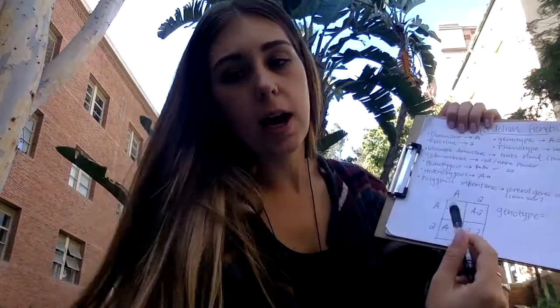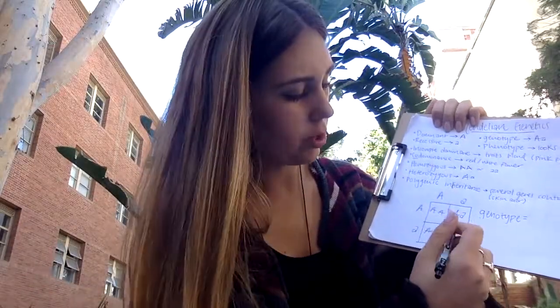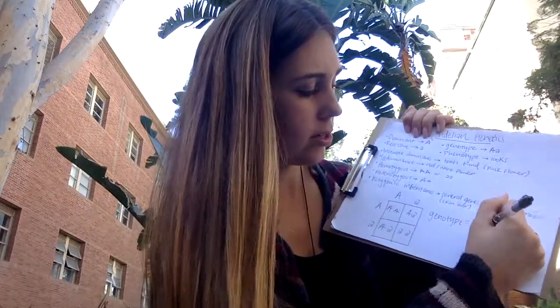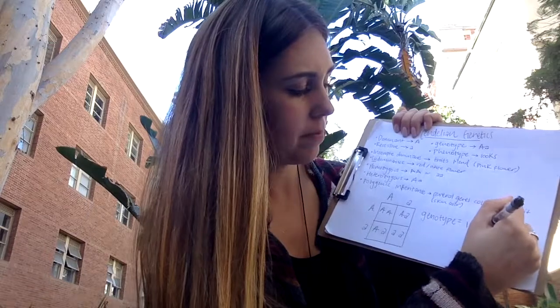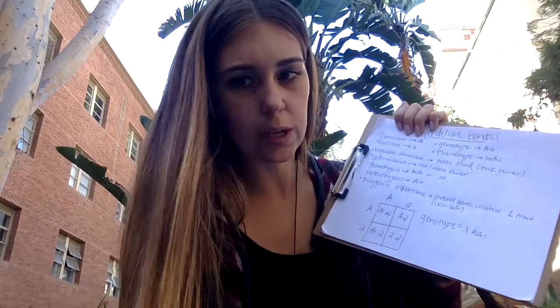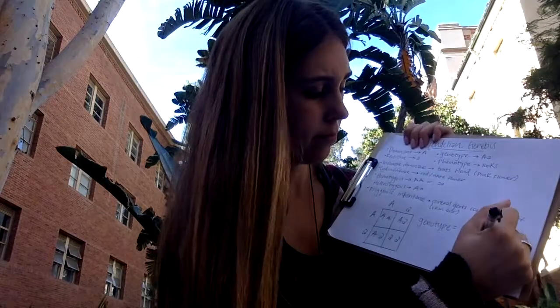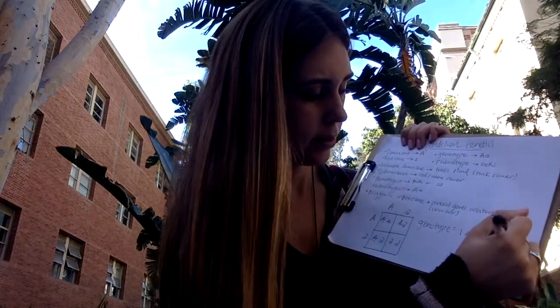So we're looking at all of these possible genotypes. We have 3 because these 2 are repeating. So our first one is big A, big A. We're just creating a ratio here, that's all. Then we have 2 that are big A, little a. And then we have 1, little a, little a.